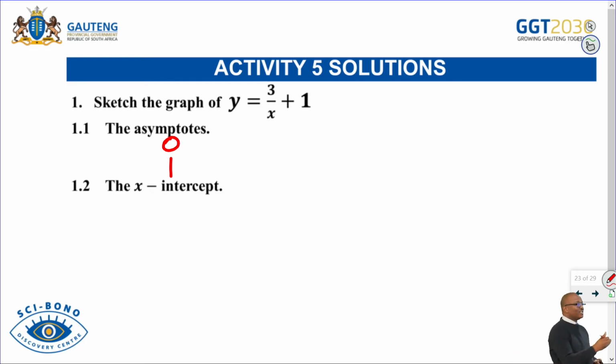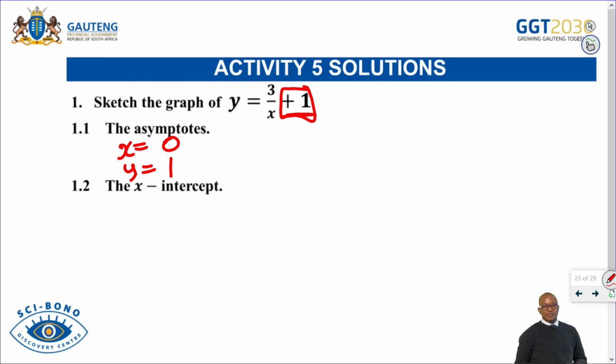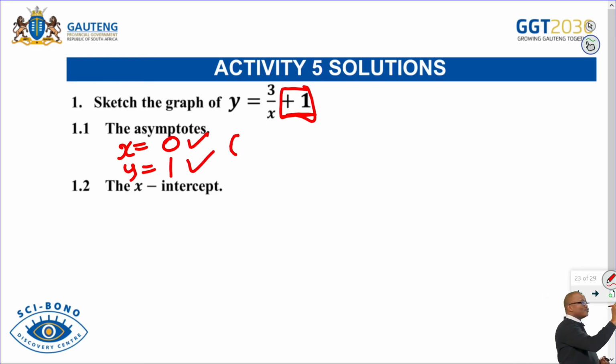So you have to write it in a form of equation by saying x is equal to 0 and y is equal to 1. Remember, the equation of the asymptote, we get it from that positive 1 there. Correct. So this is how you write the asymptote, and then you get your full 2 marks.